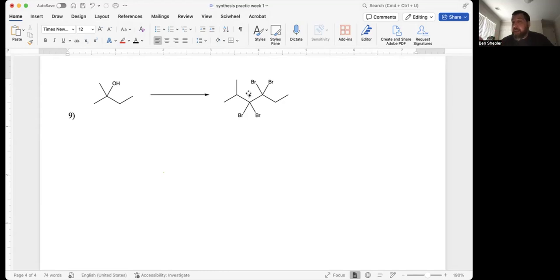Now, is there any clue in the final product that would make you lean towards one of those three? The bromines, maybe, the alkynes instead. Yeah, you're absolutely right. So we encountered a reaction last semester.